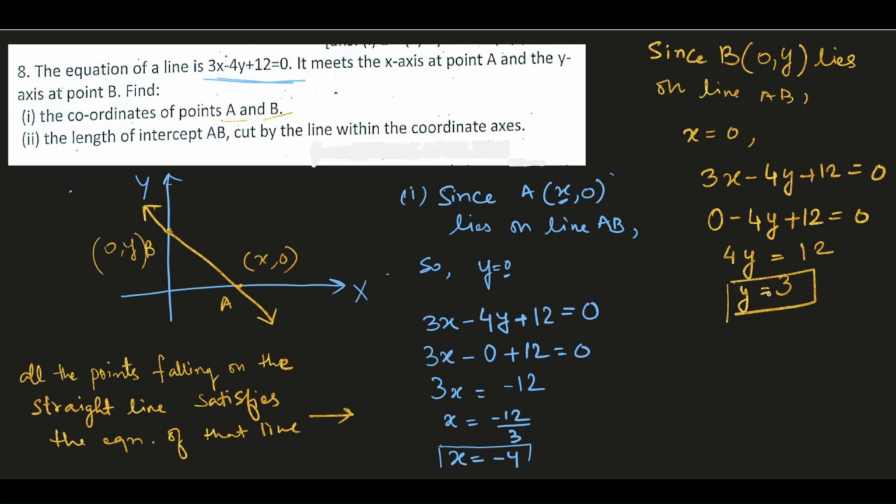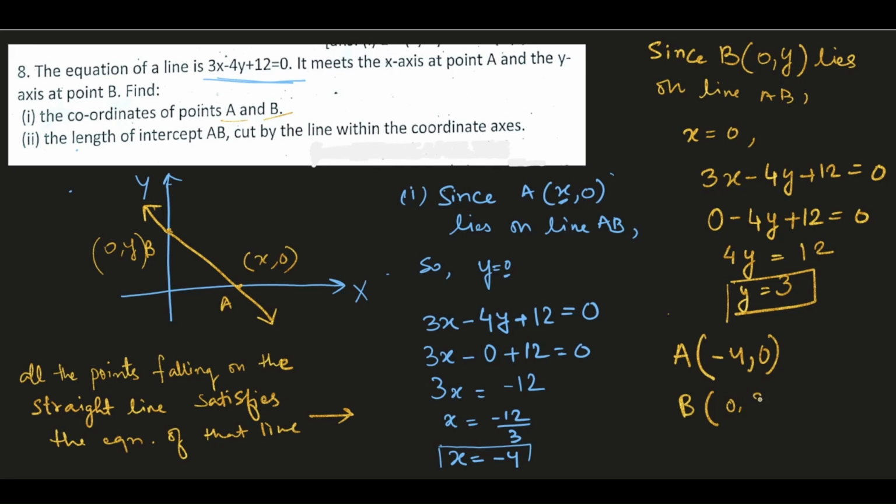Now, an important part here, we have to find the coordinates of points A and B. So the final answer will be A, x comma 0, x is minus 4, so minus 4 comma 0. Then B, 0 comma y. What is y here?